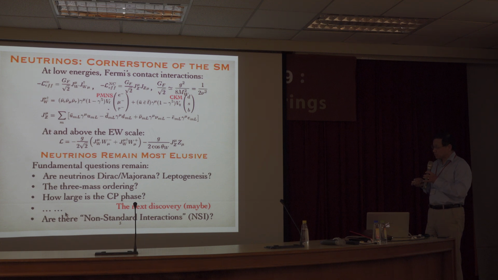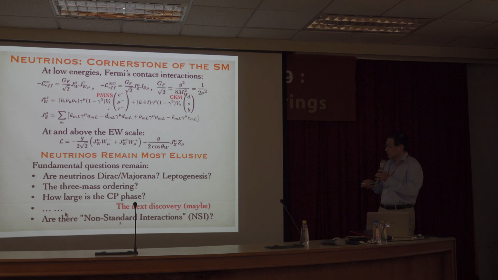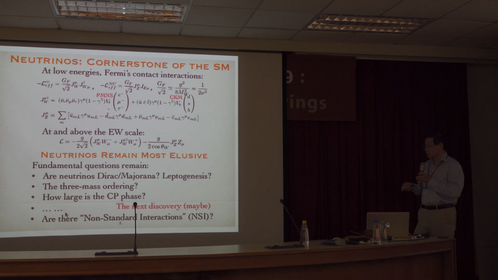Maybe neutrinos will help us with leptogenesis and baryogenesis. The neutrino mass hierarchy we still need to measure better, in the hope of understanding the underlying dynamics. And maybe the neutrino sector will provide sufficient CP violation for baryogenesis.